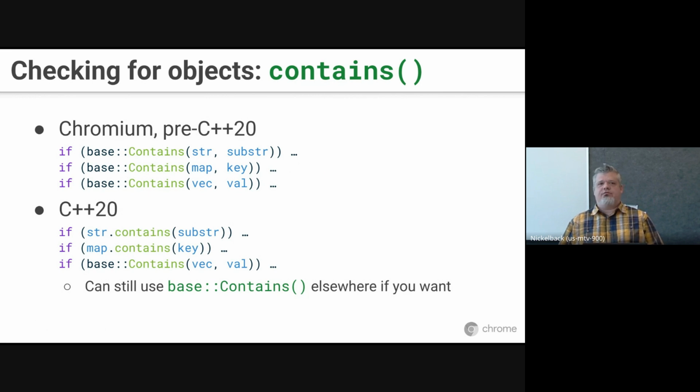We don't plan to get rid of that. So that's a perfectly reasonable alternative. But I happen to like reaching for member functions when they're available. I think str.contains is slightly easier to understand than base contains str comma substr.